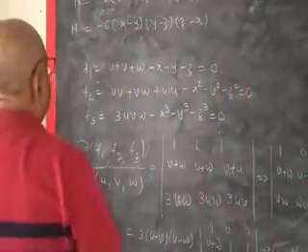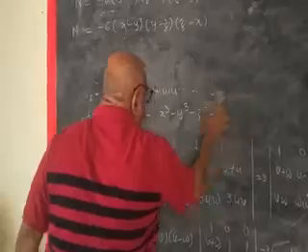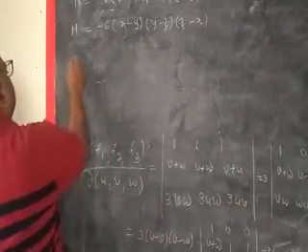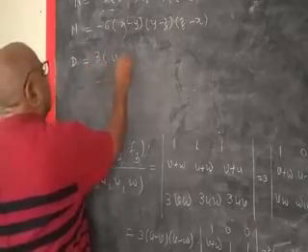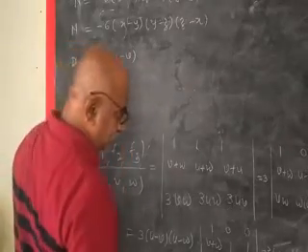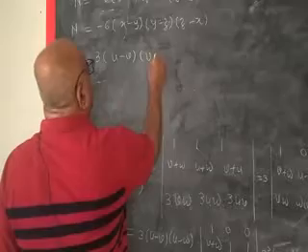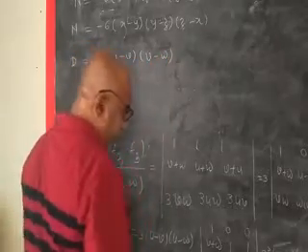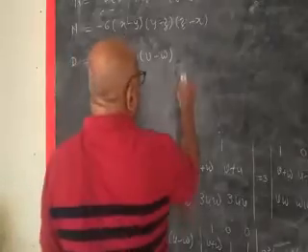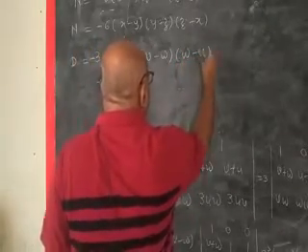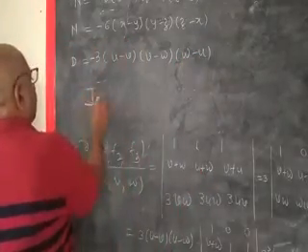Therefore Jacobian of denominator is 3 u minus v, v minus w, and while writing this I write w minus u, with minus sign here, w minus u.